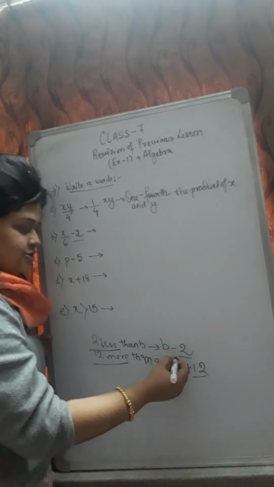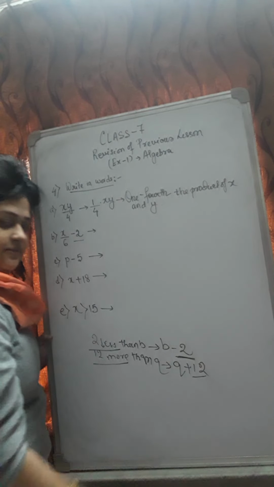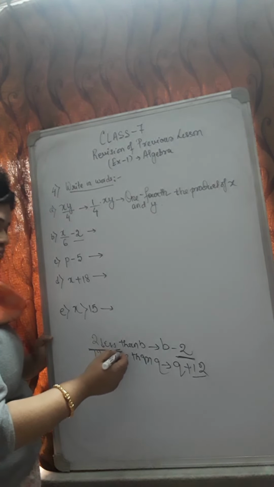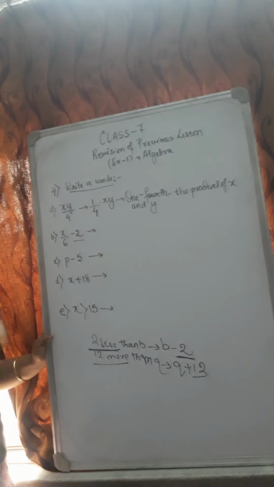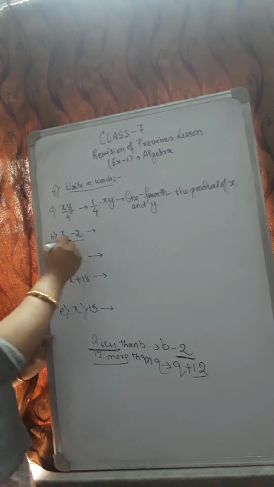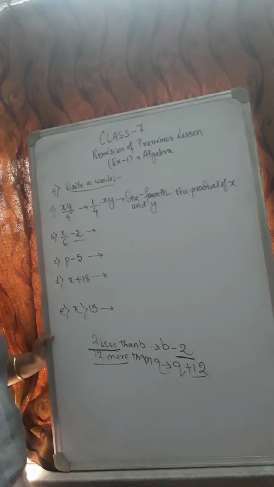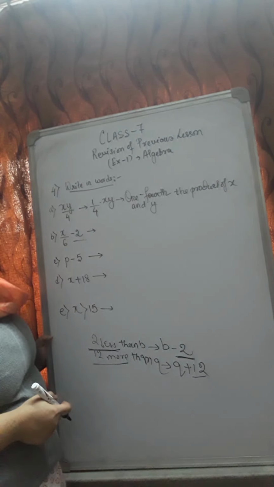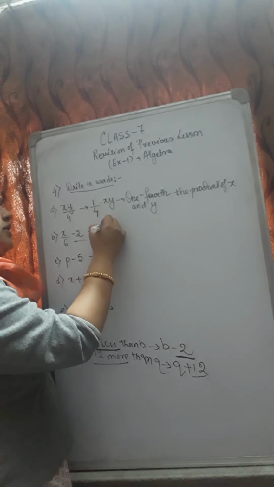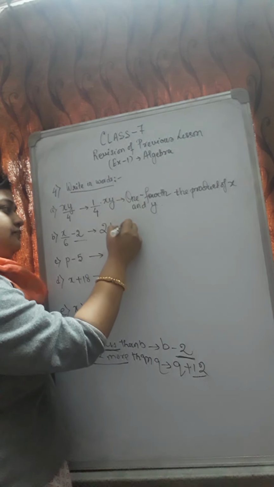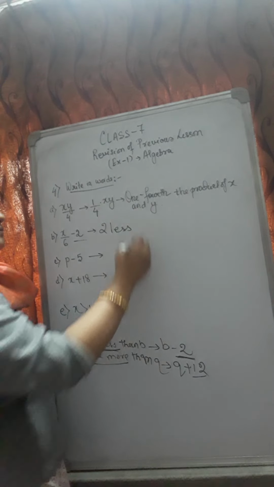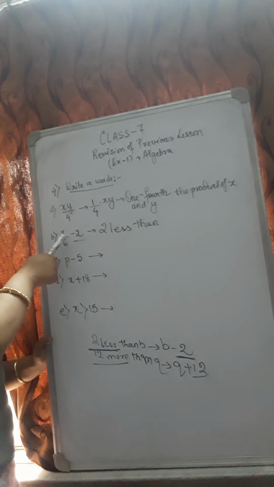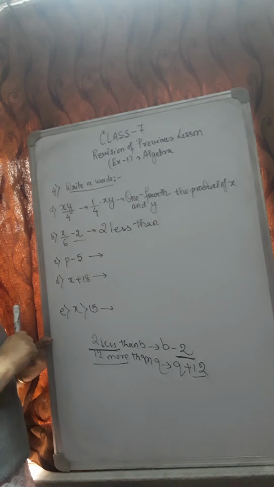So in the algebraic expression this part comes at the end, but when we write in words, we write the part which has to be subtracted in front. So how will you write? 2 less than.